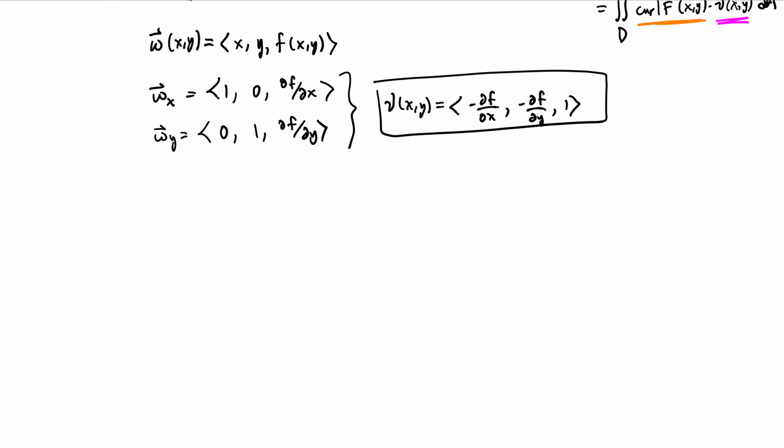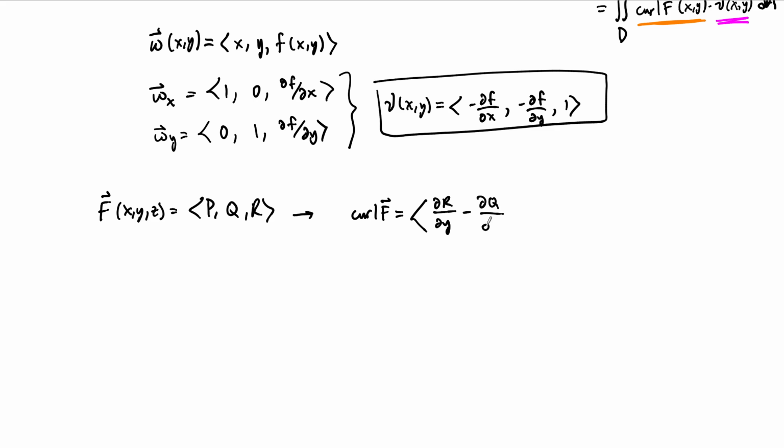The curl of our vector field F, where F of x, y, z is equal to P, Q, R, the component functions, is equal to the vector field whose components are dR dy minus dQ dz, then dP dz minus dR dx, and finally dQ dx minus dP dy. For this formula to make sense, the components have to be in the order P, Q, R.